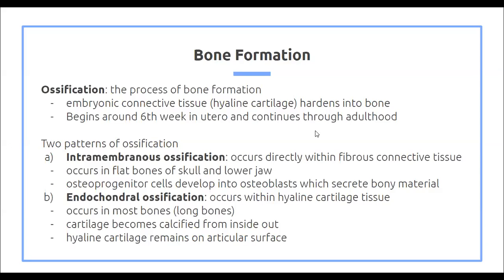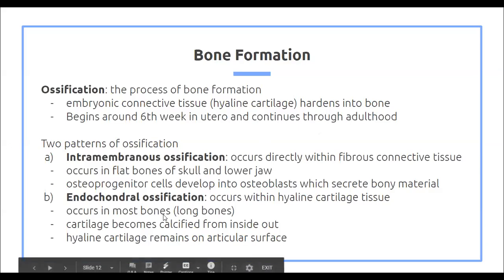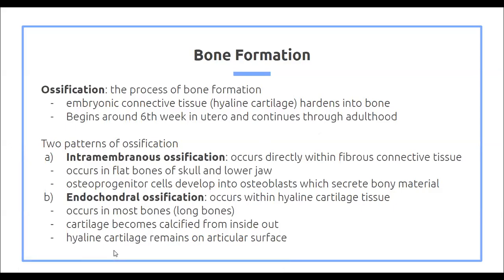This kind of ossification occurs mostly in flat bones in your face, where you just grow bone. Then we have endochondral ossification, which occurs within hyaline cartilage tissue. This occurs in most bones, mostly long bones. Your cartilage becomes calcified from inside out, so the cartilage on the inside starts calcifying and it goes from inner to outer.